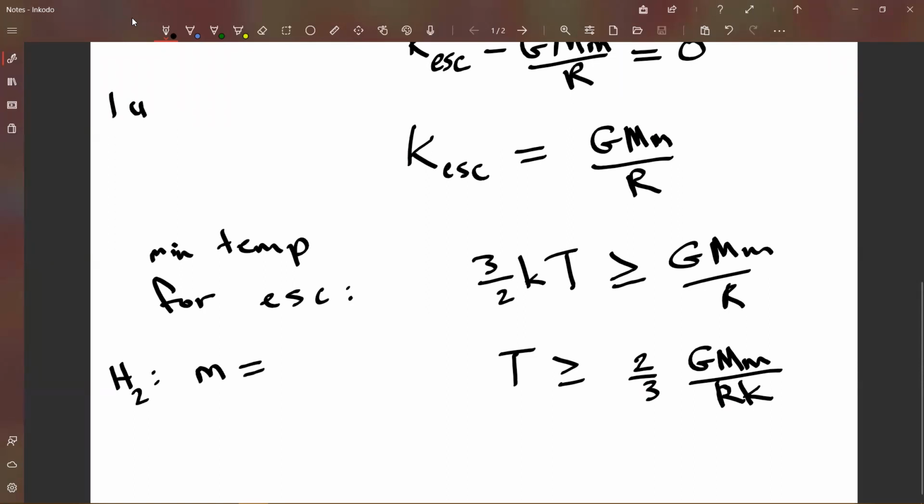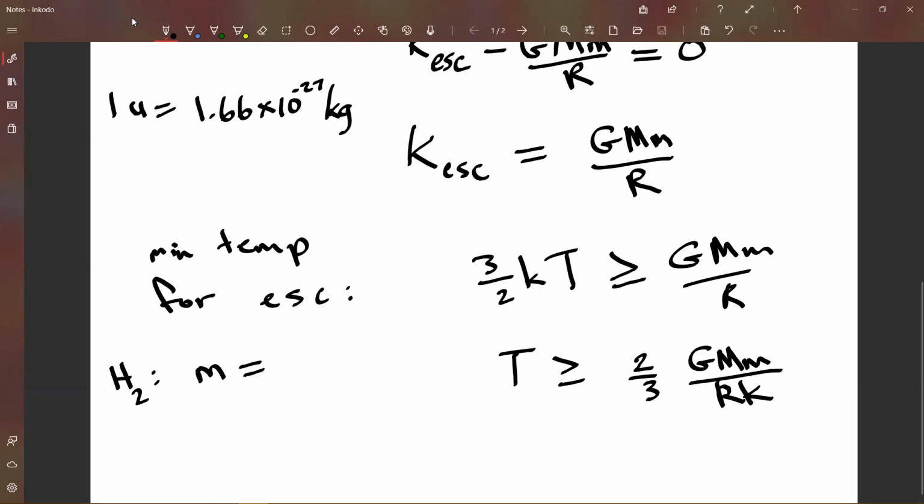The atomic mass unit, 1 u, I think the value your book uses is 1.66 times 10 to the negative 27th kilograms. So a neutron might be slightly heavier than that and a proton slightly lighter. I forget exactly. It's not that important.